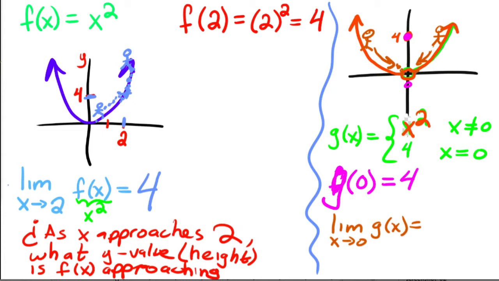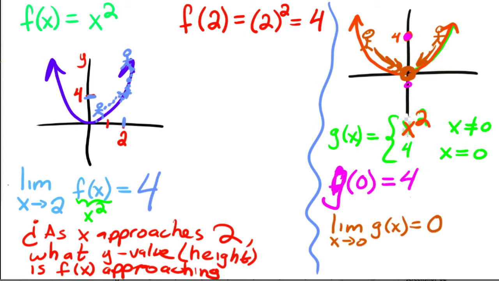Now when you say closer and closer to, you mean as close as humanly possible, or theoretically possible, without actually reaching the number 0.